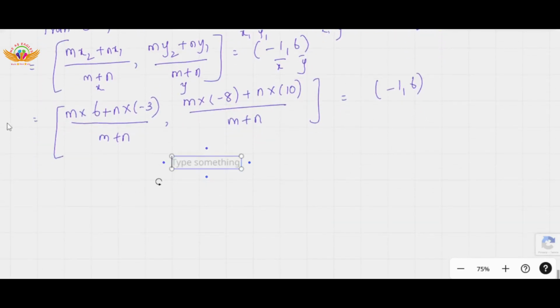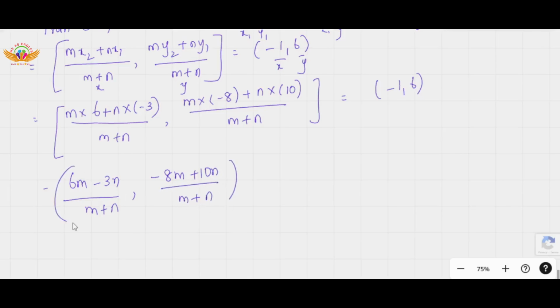Now 6m minus 3n by m plus n, comma, minus 8m plus 10n divided by m plus n is equal to minus 1 comma 6. Now what I am doing, I am equating the x term with minus 1 and the y term with 6.